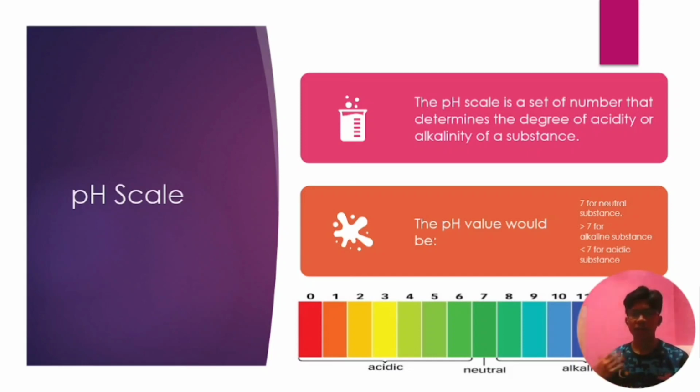If it's greater than 7, it is an alkaline substance. While if it's lower than 7, it is an acidic substance. So, you guys should note that if it's 7 on the pH scale, it is a neutral substance.